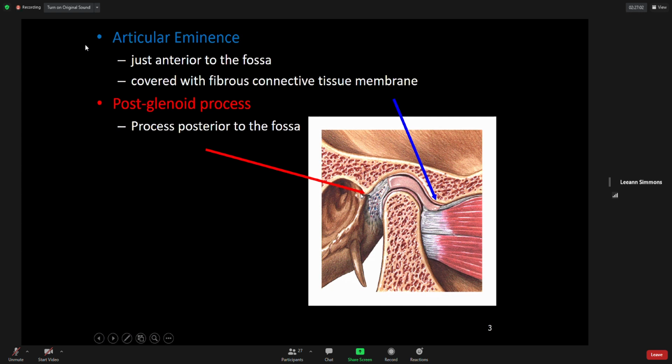So here's the postglenoid process and the articular eminence, which are the posterior and anterior borders of the fossa. Okay.